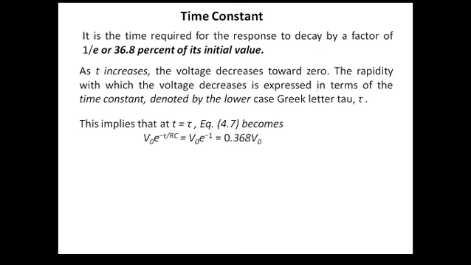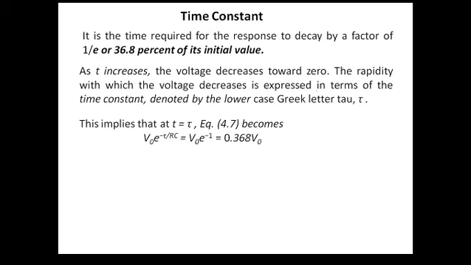In this circuit, particularly here, the time constant is RC. How is it? We will see here. Already we know the voltage expression, V of t equal to V naught into e power minus t by RC, right?